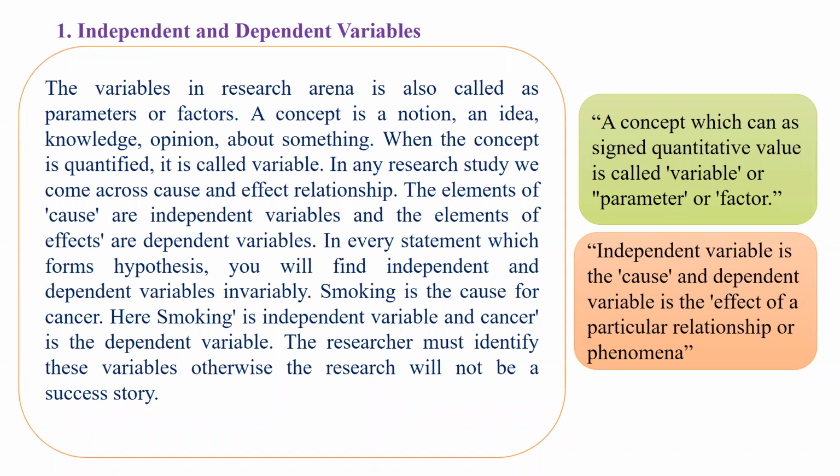What is the dependent variable? The variable in the research arena is also called parameters or factors. Whichever variable you are going to consider for your research area is called a parameter or factor. A concept is a notion, an idea, knowledge, or opinion about something. When the concept is quantified, it is called a variable.